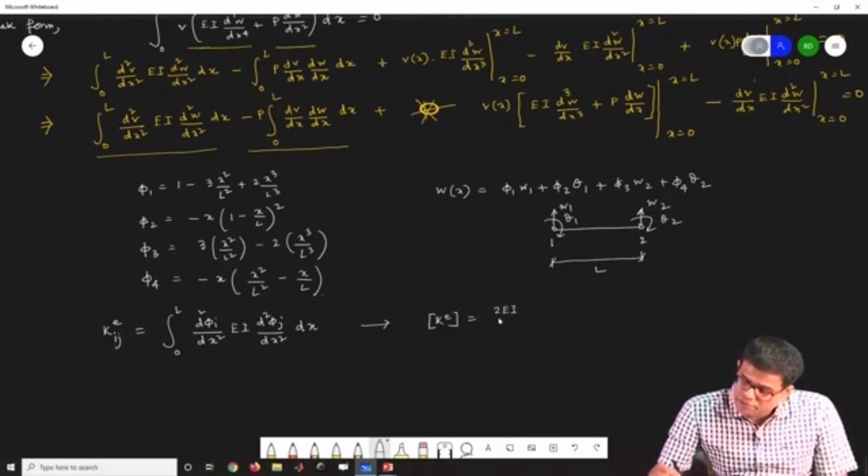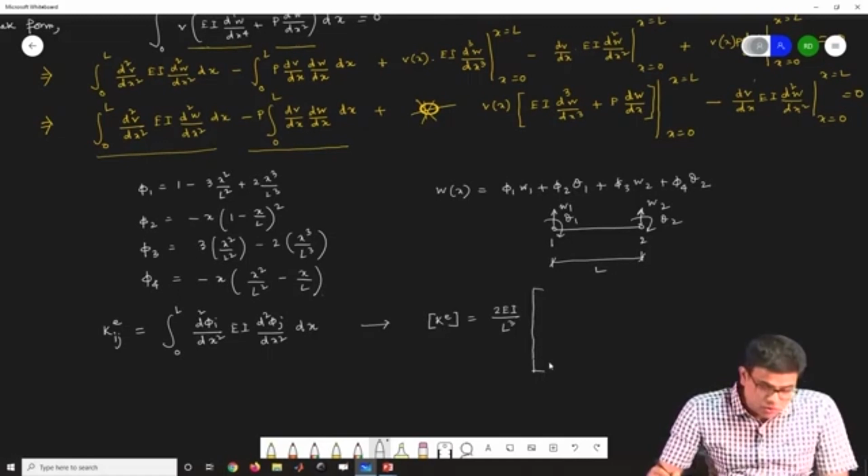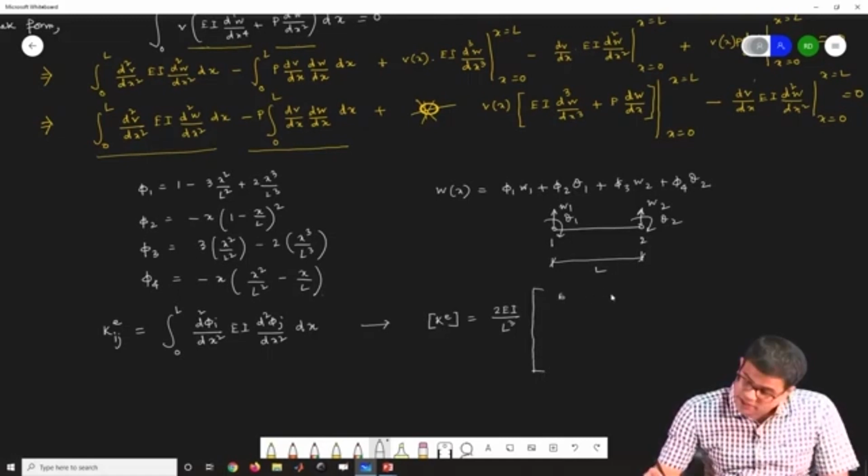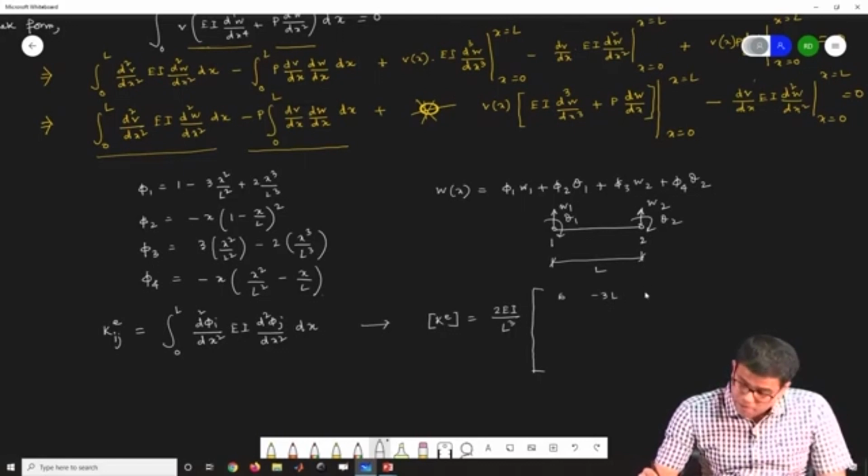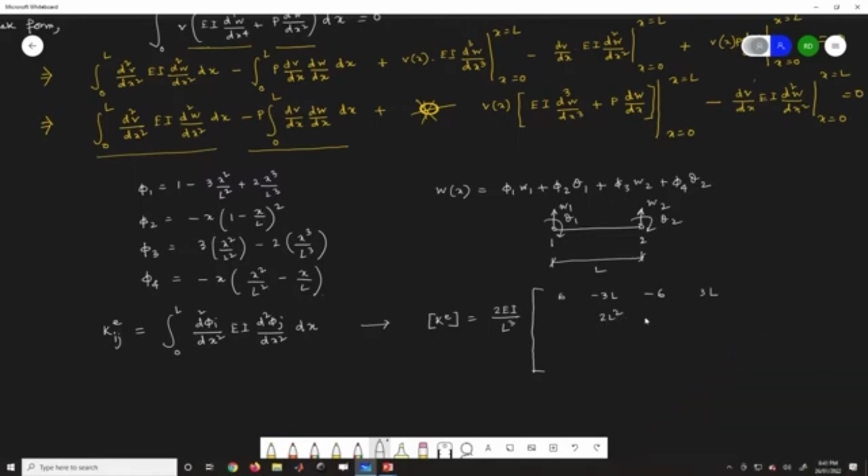So Ke = 2EI/L³ times the matrix with rows [6, -3L, -6, -3L], [-3L, 2L², 3L, L²], [-6, 3L, 6, 3L], [-3L, L², 3L, 2L²]. So this is my beam stiffness. This is a symmetric matrix. This is the beam stiffness matrix that we have derived.